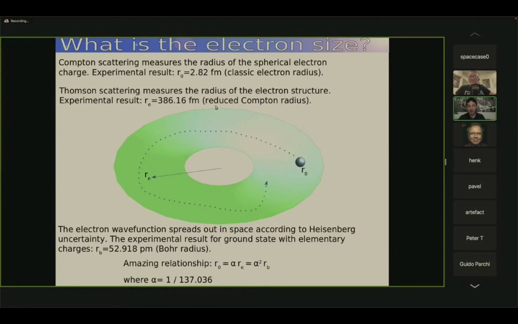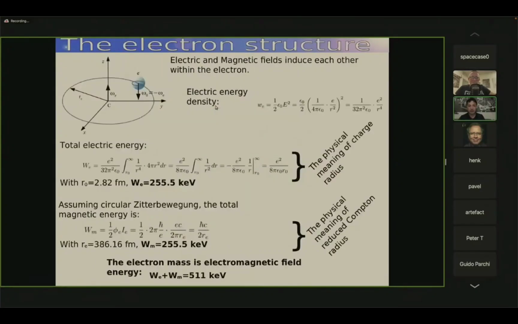So what we'll do is keep with these real measurements, and we try to understand how an electromagnetic structure conforms to these numbers. So if we imagine that the electron is an electromagnetic structure, then there must be electric and magnetic fields that induce each other within the electron, the same as with the bagel game experiment.